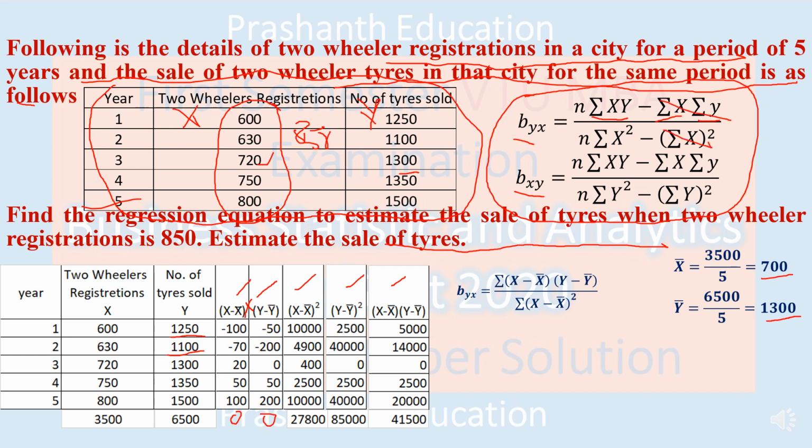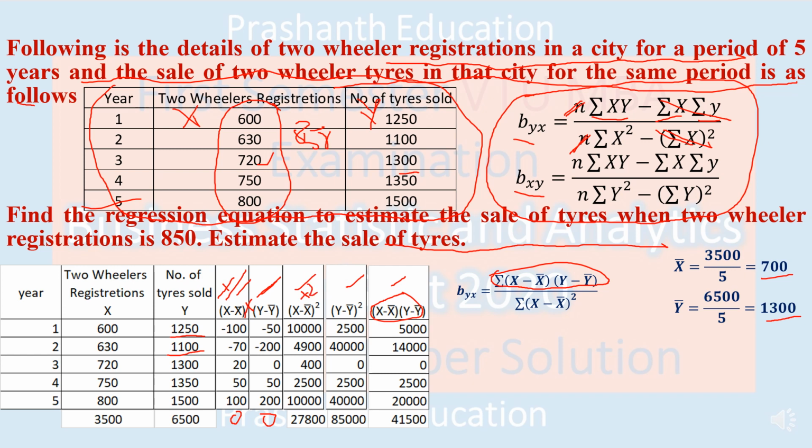Then xy will remain, and this n and this n will go off. So x and y become x minus x bar, y minus y bar multiplication. That's why I have written this. In the denominator, because of the 0, n has been cancelled out. If I think of this as x, it will become x square. So that I have written.